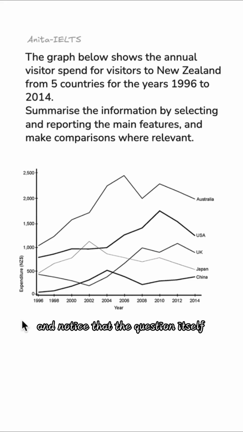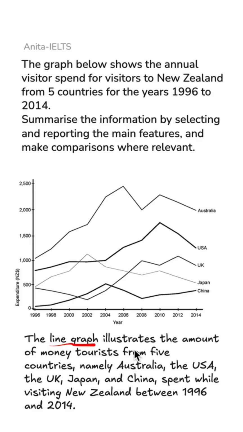And notice that the question itself doesn't mention the 5 countries. That information is only on the graph. So, our paraphrase could be, the line graph illustrates the amount of money tourists from 5 countries, namely Australia, the USA, the UK, Japan, and China, spent while visiting New Zealand between 1996 and 2014.